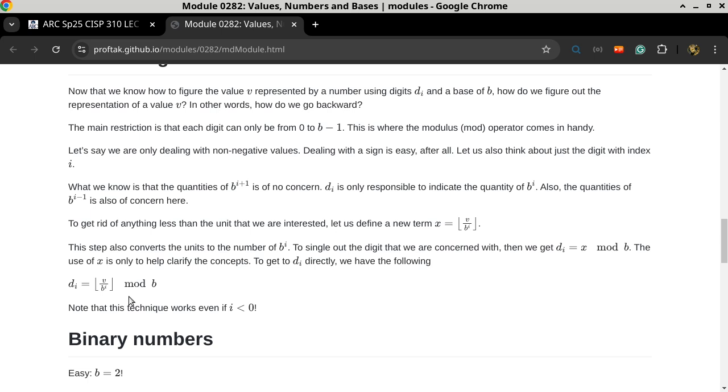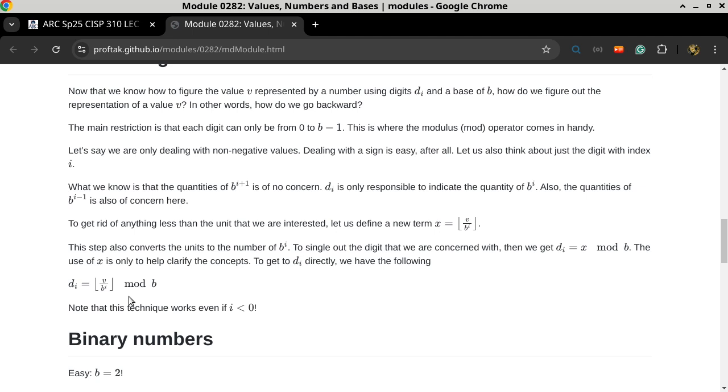Well, looks like we can test this, right? The example that we just worked out is perfect to test this. We already know that V is 425. That's what is given to you. We already know B is 6 because we were converting to base 6. The only question I need to ask you is which digit do you want me to figure out?